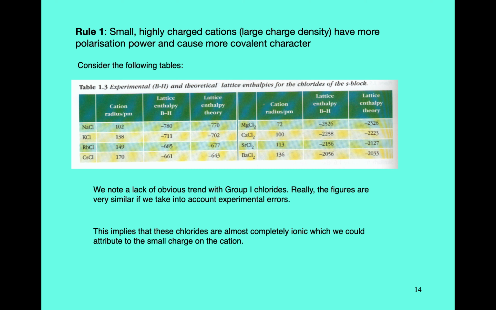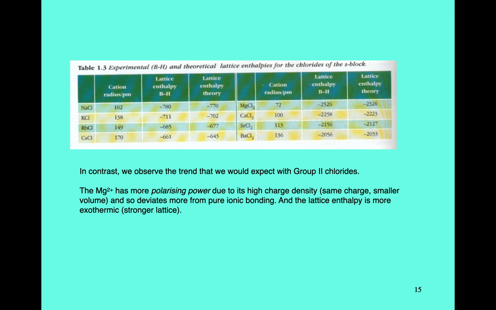Okay? So these chlorides here, we can say that they're almost completely ionic, whereas magnesium chloride and calcium chloride, to a lesser extent, have got more covalent character.